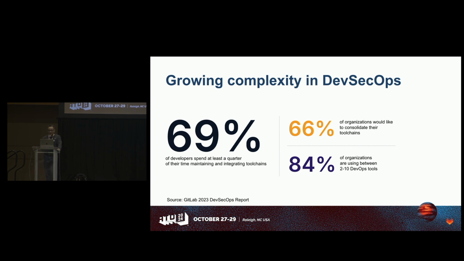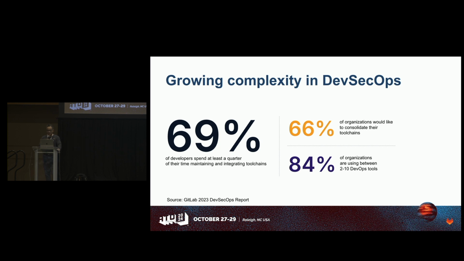Another important number here is 66% of organizations would like to consolidate their tool chains. One of the things that we often see is that organizations that have multiple tools have to spend subscription money on each of the different tools. And right now, with budgets getting smaller, there's a concerted or a general desire to reduce the number of tools in an organization.